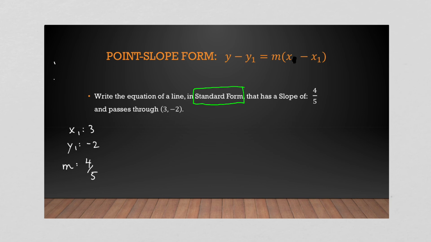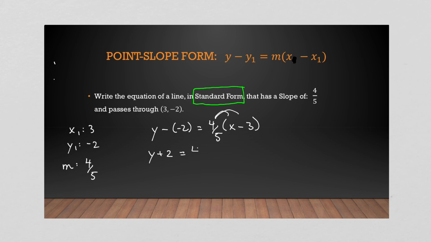So I have y minus -2 equals 4/5, and then x minus x1, which is 3. So now algebra: y plus 2, because a negative minusing a negative is plus, and then multiply this into here.